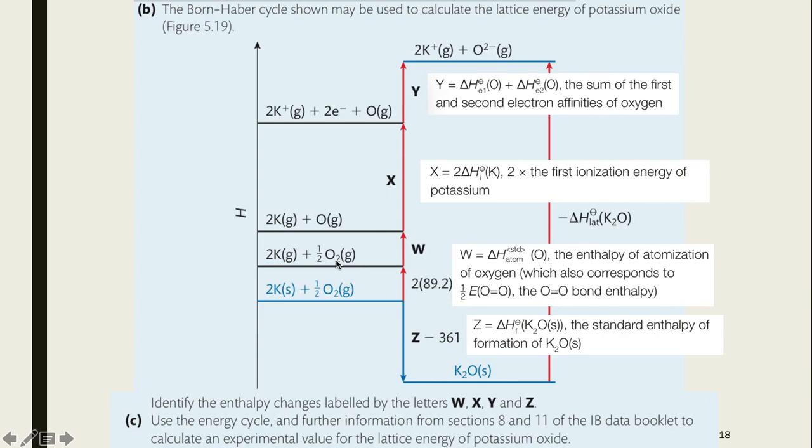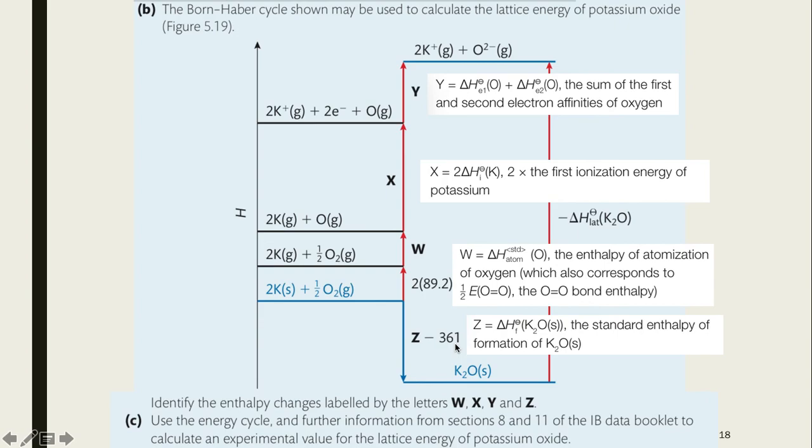We need 1/2 the bond enthalpy of oxygen, so we have to look in the data booklet to get that. I already mentioned the ionization energy, so you have to find potassium, find its value in section 8, multiply it by 2. For oxygen, you should be able to find the information from the data booklet in section 8, or we used oxygen in the previous example with magnesium oxide, so the information should be the same. And then the enthalpy of formation is already given as negative 361.